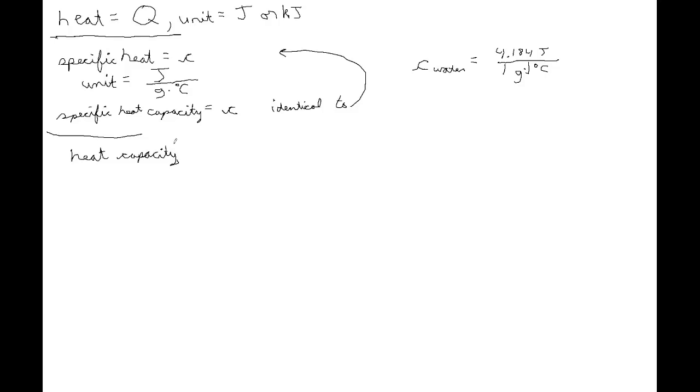What's the symbol for heat capacity? That is also capital C, unlike specific heat or specific heat capacity, which is lowercase c. So I'll have to try to be careful distinguishing between those. I'll try to write a lowercase c in a kind of cursive form and the uppercase C like this. And of course, we also have to try not to confuse this with Celsius.